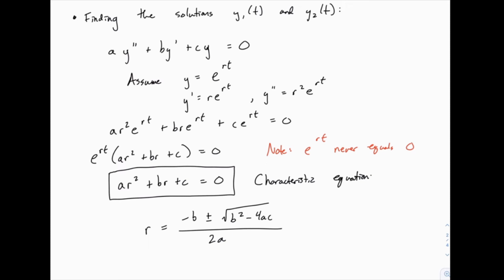And again, when we do, we know to expect two solutions for r, generally. We'll talk about that more in a second. But those two solutions for r will each give us a solution for y. So that's where we get y1 and y2. And then if you remember, the full solution at the end is going to be c1 times y1 plus c2 times y2.